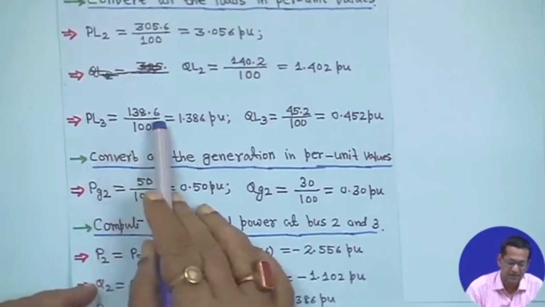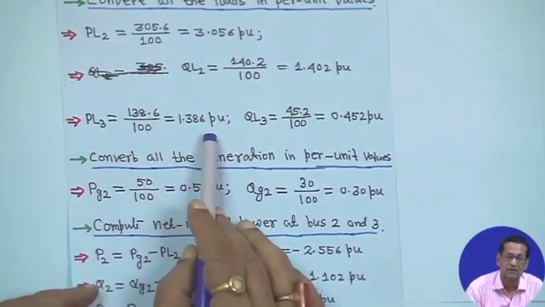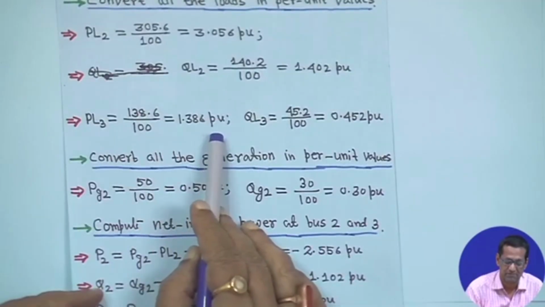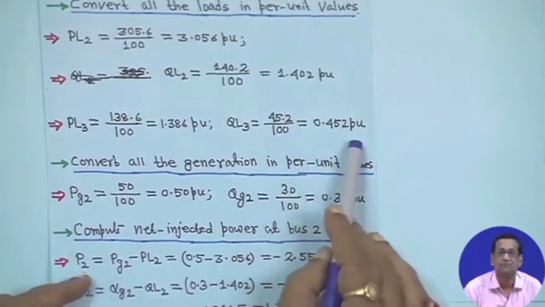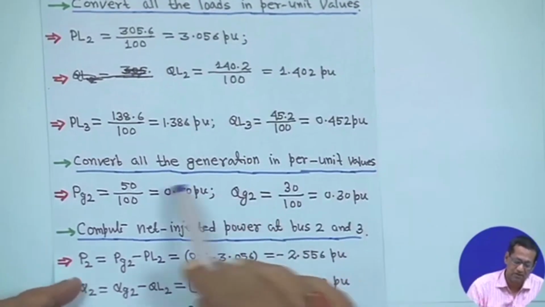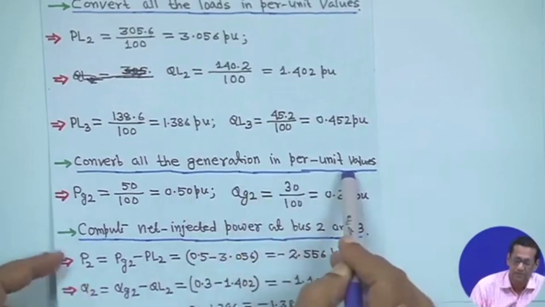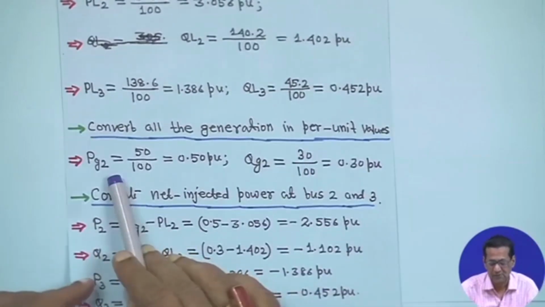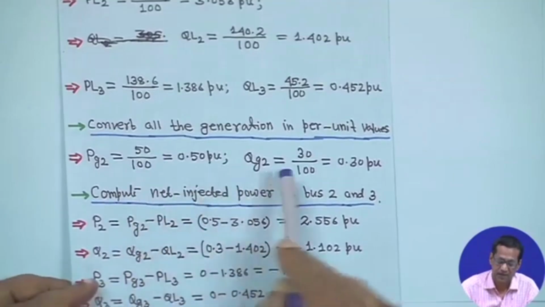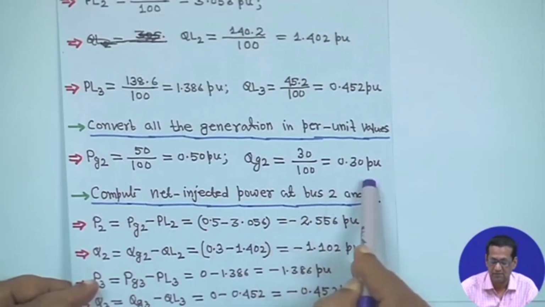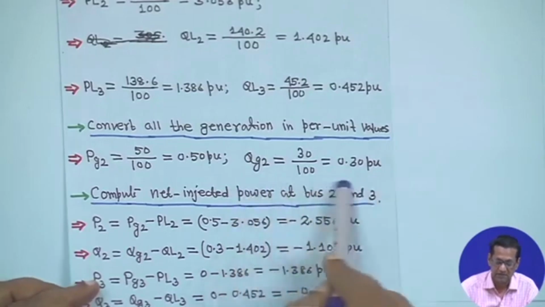Similarly, PL3 is 138.6 by 100, so 1.386 per unit, and QL3 is 45.2 by 100, 0.452 per unit. Now, convert all the generation into per unit values. At bus 2 it is given PG2 50 megawatt, so 50 by 100, 0.5 per unit, and QG2 is 30 by 100, so 0.3 per unit. So, all these things are given.